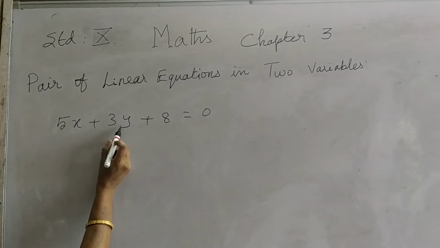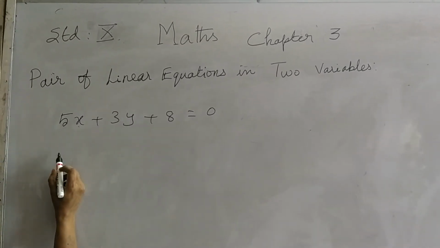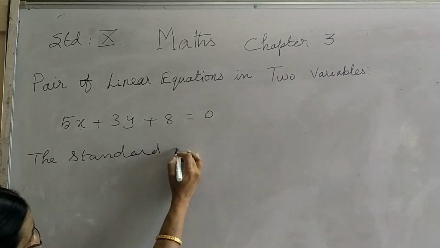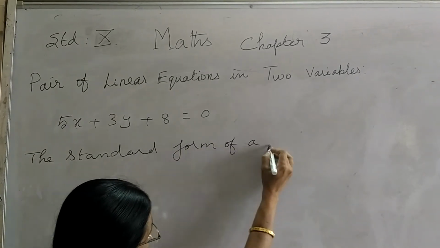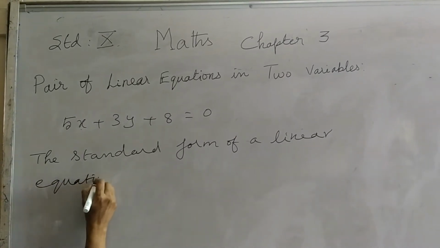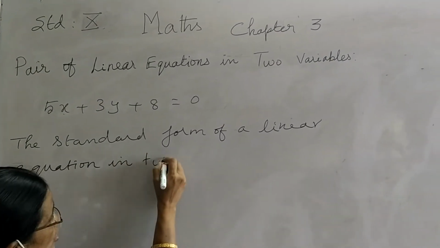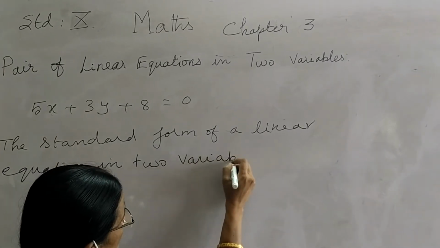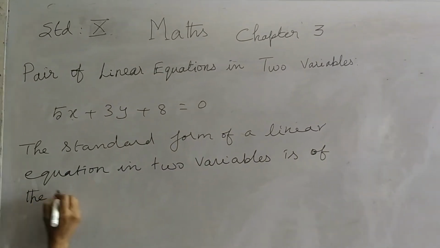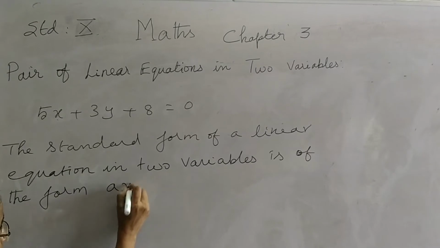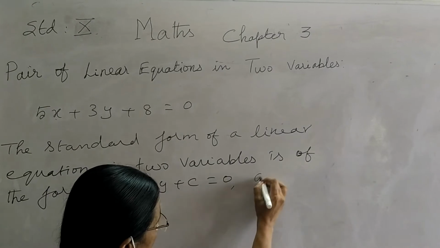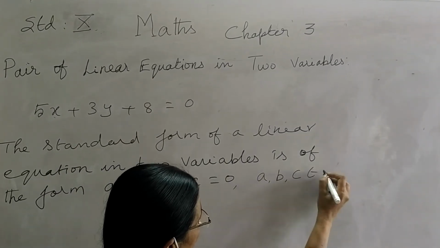The variables we have taken here are x and y. The standard form of a linear equation in two variables is of the form ax + by + c = 0, where a, b, c are real numbers.